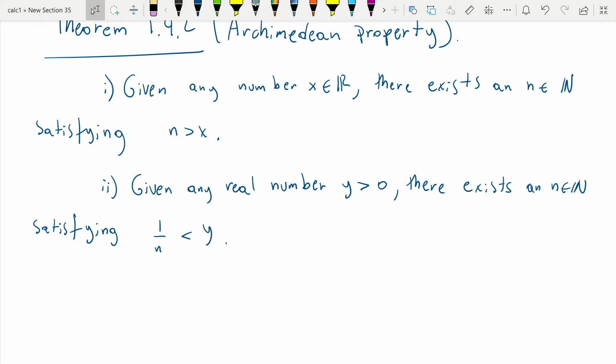And the proof will be done by means of contradiction with the fact that the set should have a supremum and therefore a least upper bound. This is a very delicate point. So we could read part one as saying that N, the set of natural numbers, is not bounded above, because no matter what real number you pick, there's always an element in N that is bigger than that.